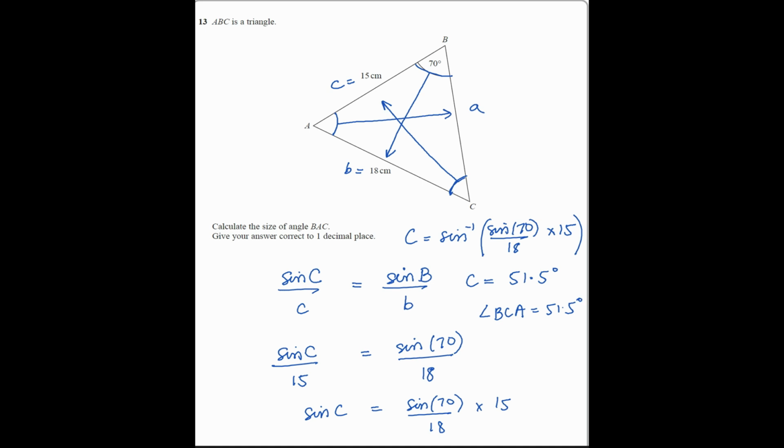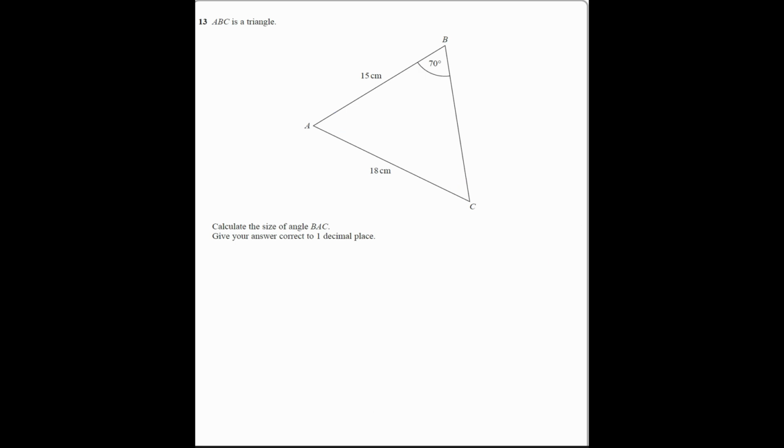Now step 3 is to find angle BAC. As we already calculated this angle as 51.5 degrees, now we only have to calculate this angle. So we will use the triangle sum to find angle BAC.